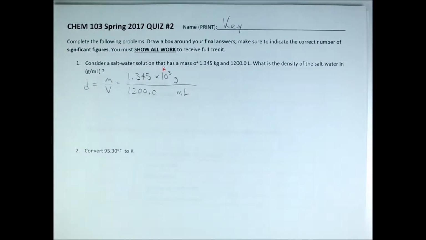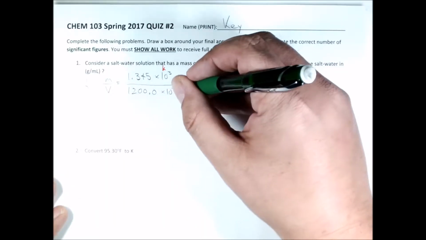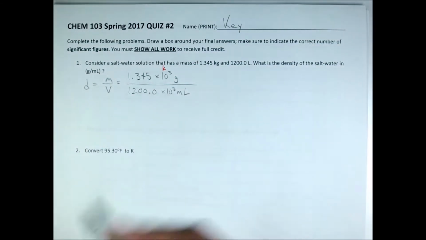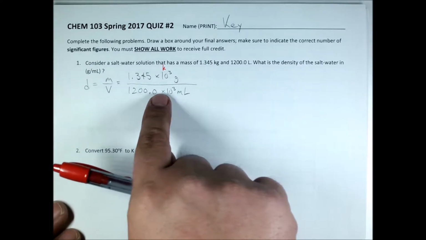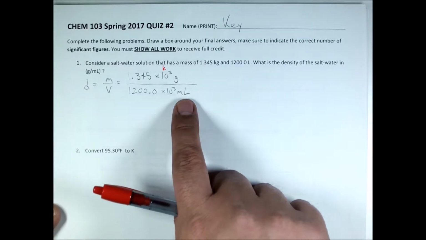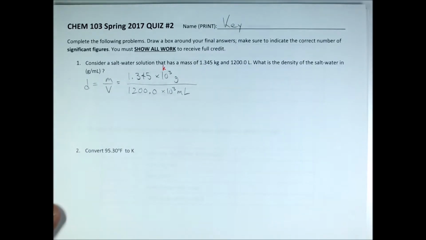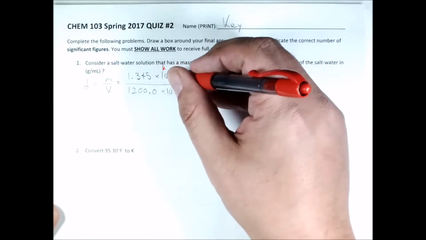How many milliliters would I have there? So you essentially just need to move the decimal place over a few spots. And notice here, once again I'm putting times 10 to the 3 ml in place of the liter. So in this example, these cancel.